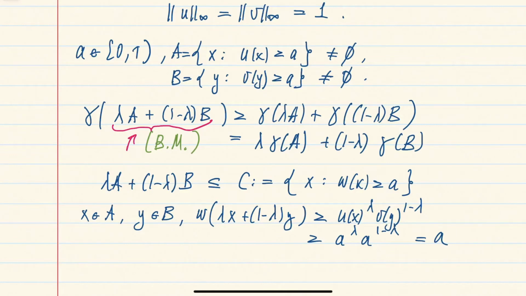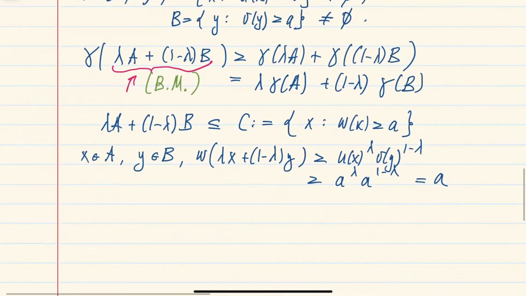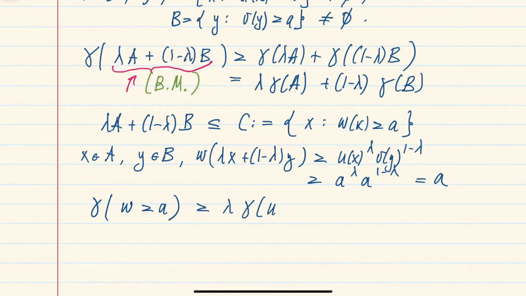So in particular, this lambda x plus 1 minus lambda y will be in this set C. And so combining the Brunn-Minkowski inequality with this relationship between these three functions u, v, and w, we get that the Lebesgue measure of the set C, so that's where the function w is greater or equal than a, is greater or equal than lambda times Lebesgue measure of the set A, that's where u is greater or equal than a, plus 1 minus lambda Lebesgue measure of the set where v is greater or equal than a.